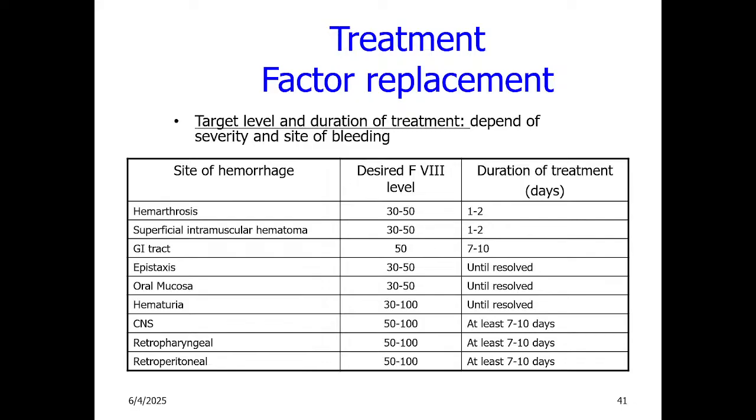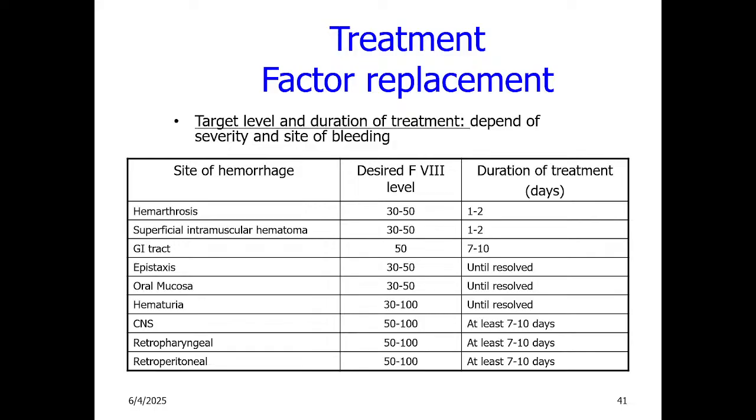So, duration depends on the risk of bleeding. Okay. Like hemarthrosis, after some time it will stop. So, 1 to 2 days we can give, or if repeated bleeding, target joint is there, we can give for 4 to 6 weeks till all the synovitis settles in the target joint. And if hematoma, 1 to 2 days.